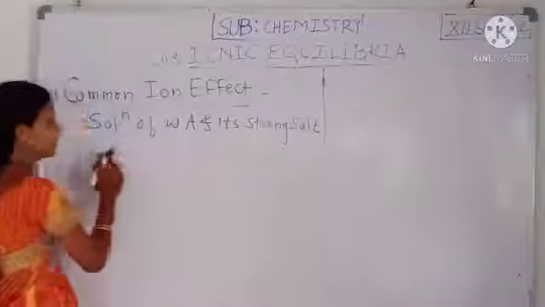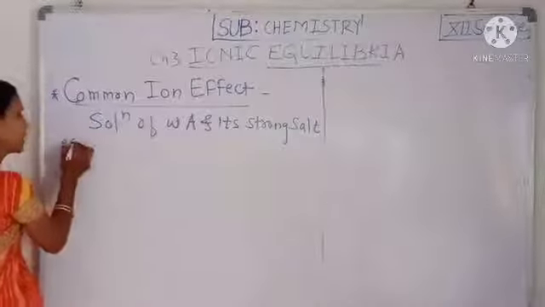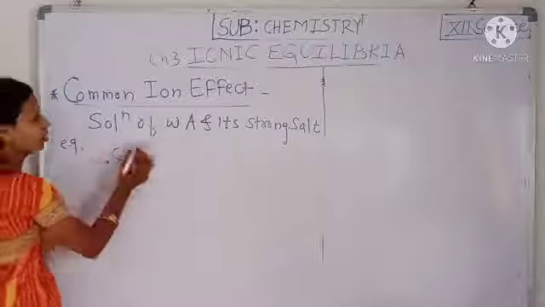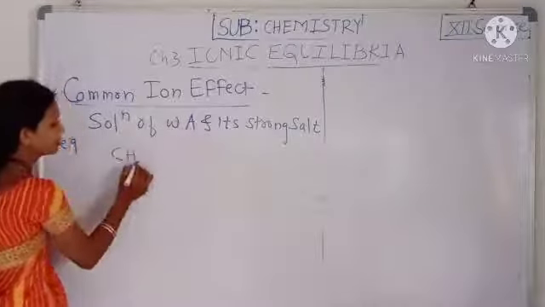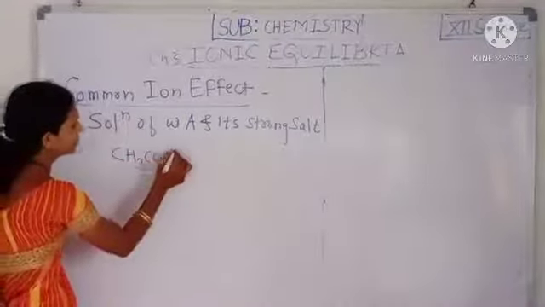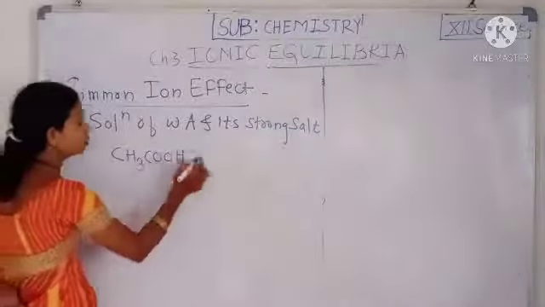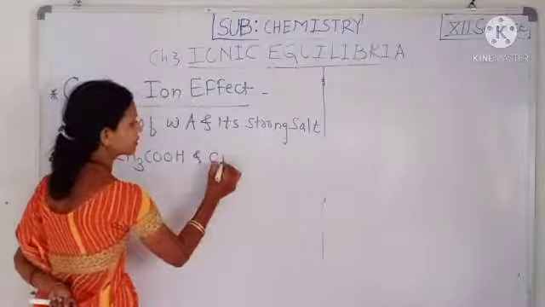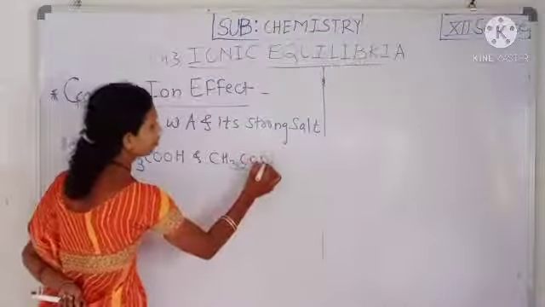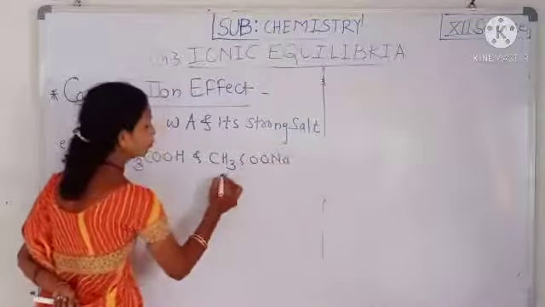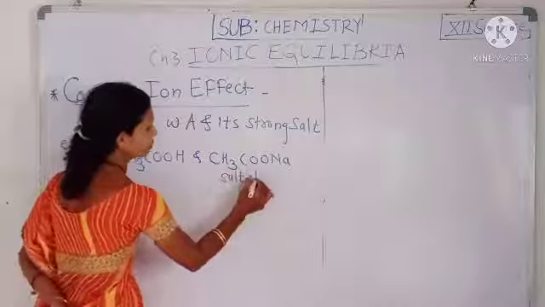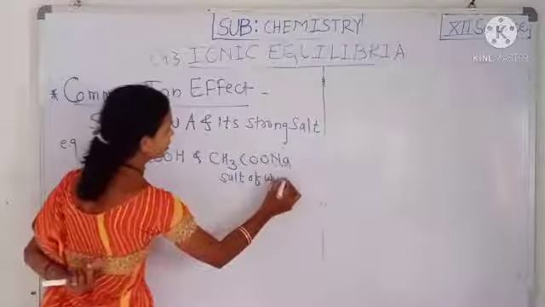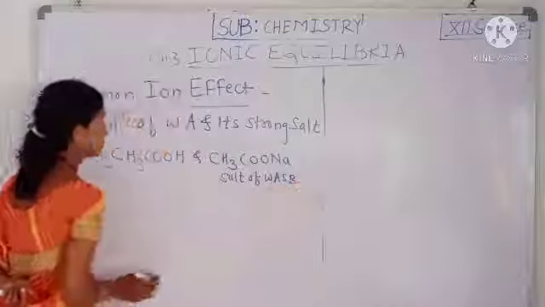For example, weak acid, that is acetic acid solution, and its strong salt, that is sodium acetate, which is a salt of weak acid and strong base.